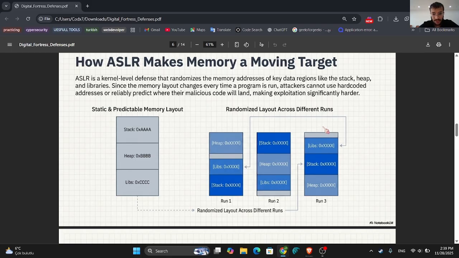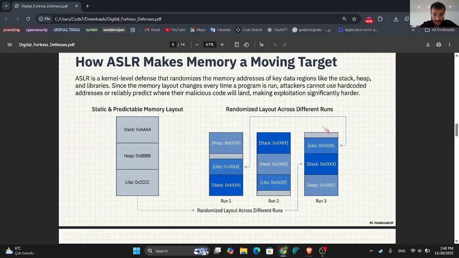With this knowledge, they could craft an attack using a hard-coded address. But with ASLR enabled, every single time a program runs, the memory layout changes. The stack might be at 0xXXXX and the heap at 0xYYYY, and so on for the libraries.